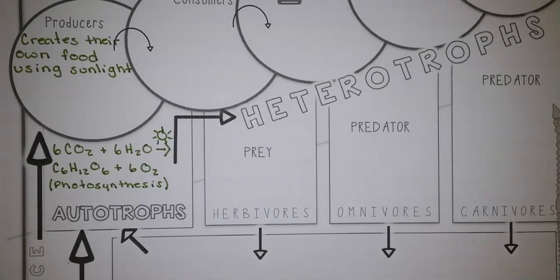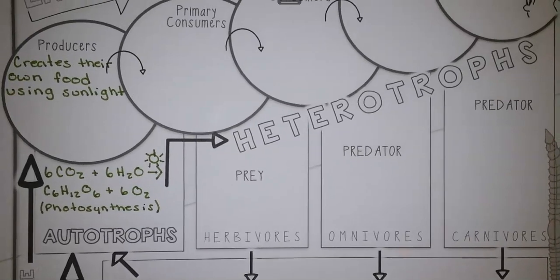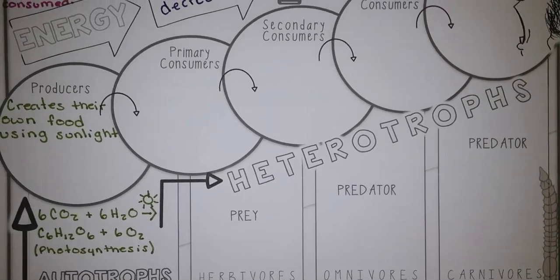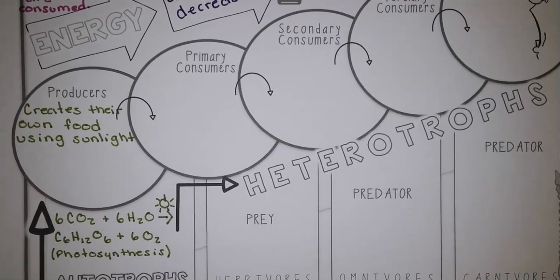After your producer, which is the one that makes the food, it is going to be eaten. Let's say grass, and our primary consumer will eat that grass.